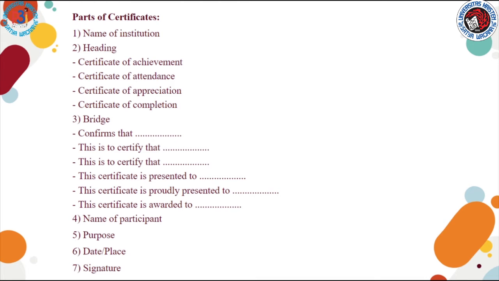And the bridge means jembatan. So at this point its function is to connect the heading to the name and the purpose. So examples are confirms that, this is to certify that, and so on.